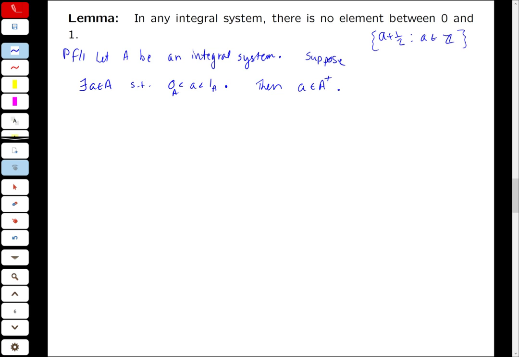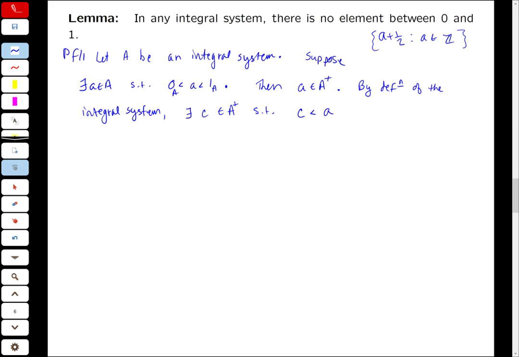So by definition of an integral system, I know there has to exist a C in A plus such that C is less than A. How do I get that argument?